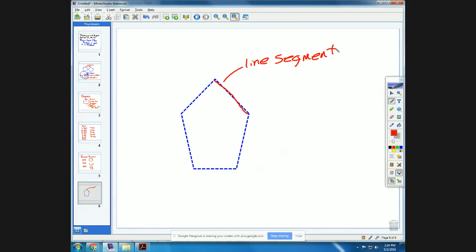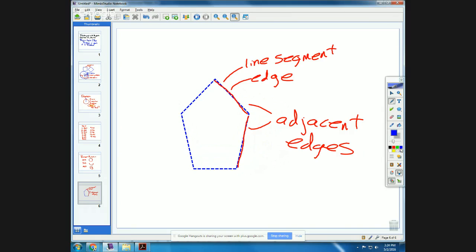is also referred to as an edge. We call it a side, but once we get into 3D geometry more, we really need to be careful about the use of the word side, because we use it to mean multiple different things. If I have two edges that are adjacent, they meet at a vertex, and adjacent edges form an interior angle.